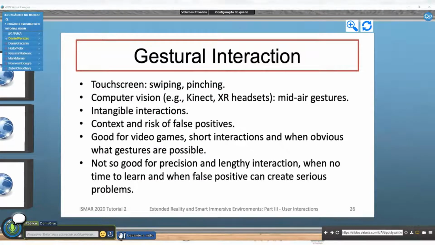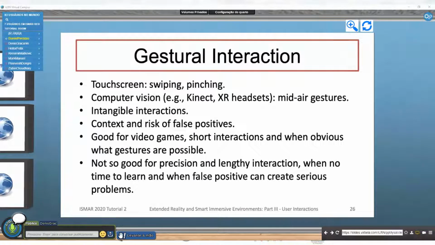So using gesture interaction in smart TV environments is good when we have short interactions and when it's clear that gestures are possible. Therefore, it makes sense to limit gestures to situations where the gesture makes sense. We had that example for light control. In that area of the living room, raising a hand up is probably not likely to happen during normal interaction, so that can be a pretty clear indication that a user wants to control lights.